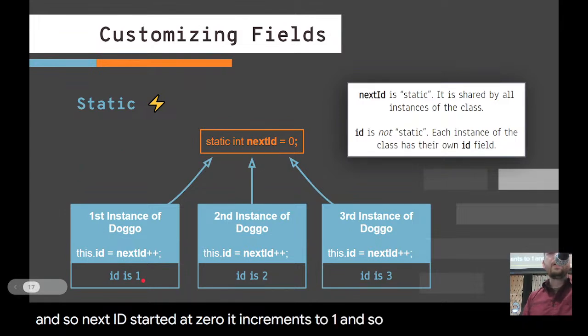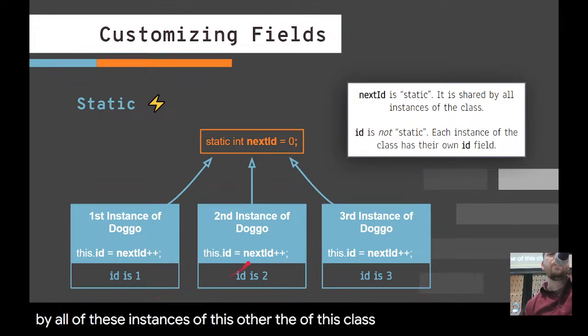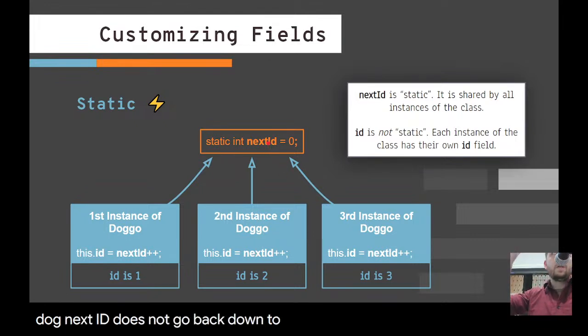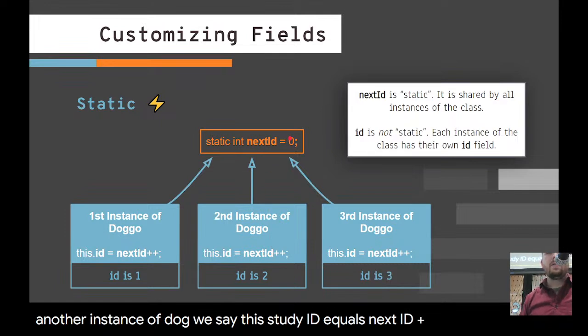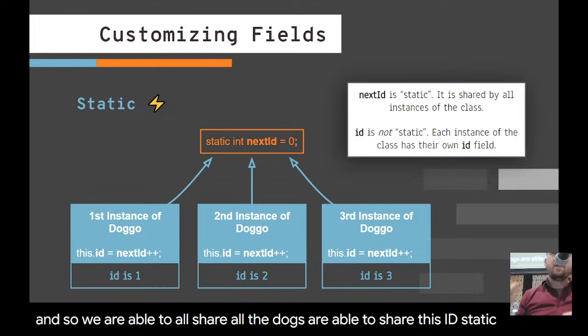Because nextID is shared by all of these instances of this class, when we create another dog, nextID does not go back down to 0, it stays at 1. So we create another instance of dog and we say this.id equals nextID++. And now nextID is 2, and so forth. All the dogs are able to share this static attribute.